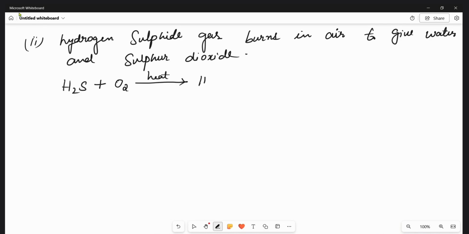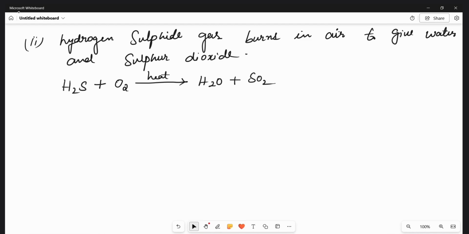Water formula is H2O plus sulfur dioxide SO2. Yesterday we saw SO2 is sulfur dioxide. We wrote it, right? And sulfur can have different valency, like sulfur dioxide, sulfur trioxide.